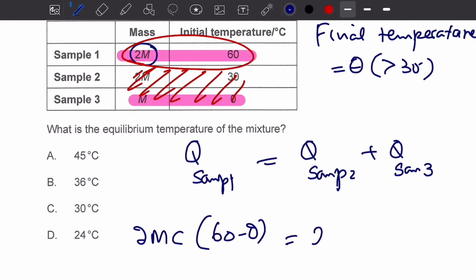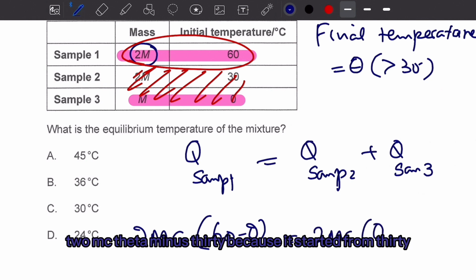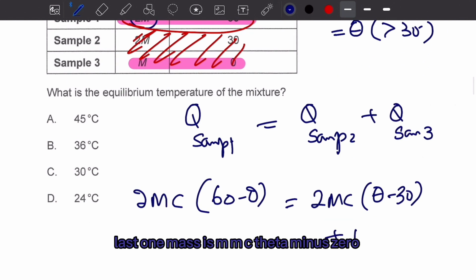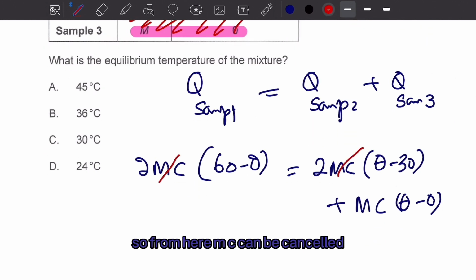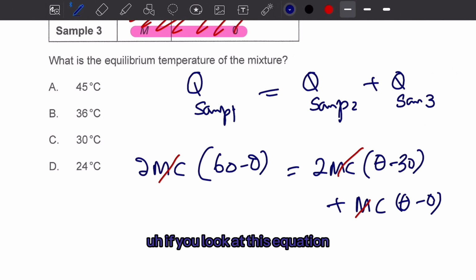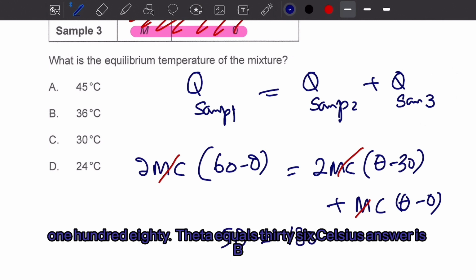Second sample is 2mc(theta minus 30) because it started from 30. Last one, mass is m, mc(theta minus 0) because it started from 0. So from here mc can be cancelled. If you look at this equation carefully, you will get 5 theta equals 180, theta equals 36 Celsius. Answer is B.